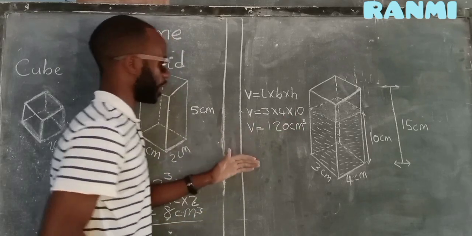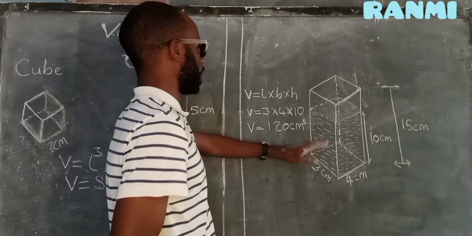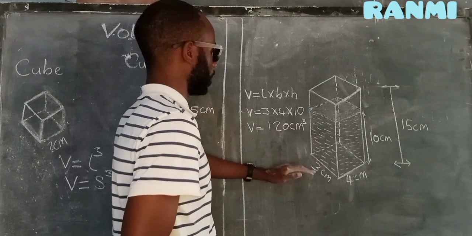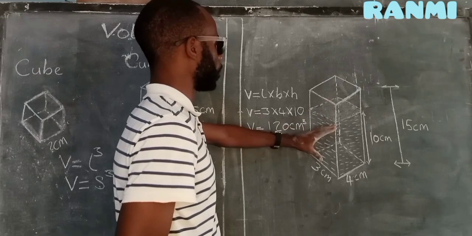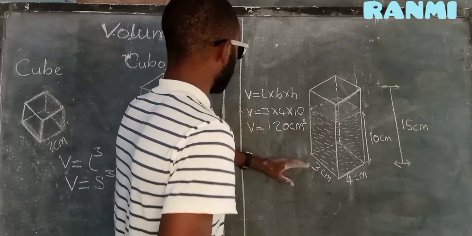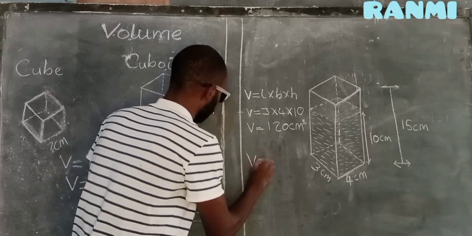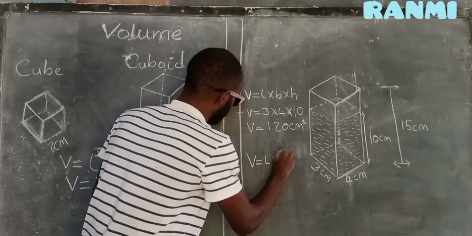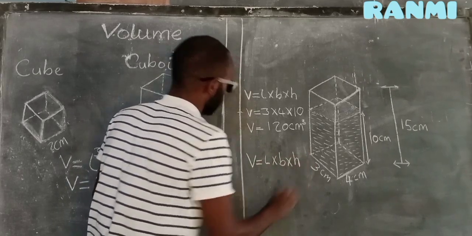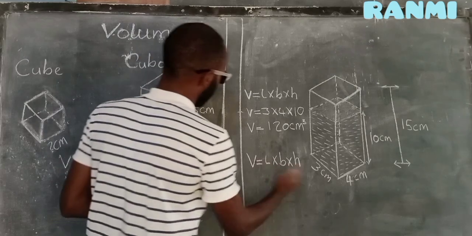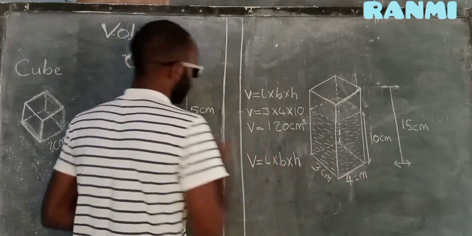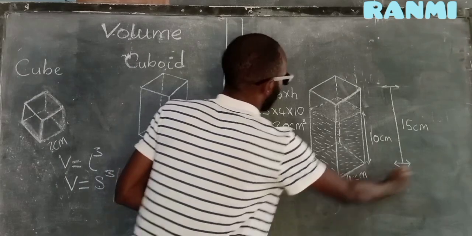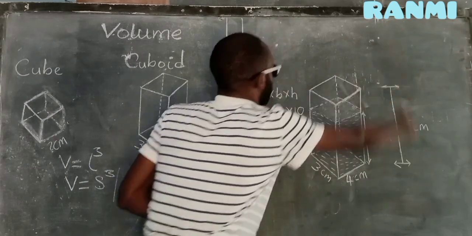So just to be very careful, make sure you understand what you're calculating for. If you're asked to calculate the volume of the cuboid container, you're going to write volume is equal to L times B times H, like that. So your length will be 3 centimeters, your breadth 4 centimeters, and your height will be 15 centimeters.